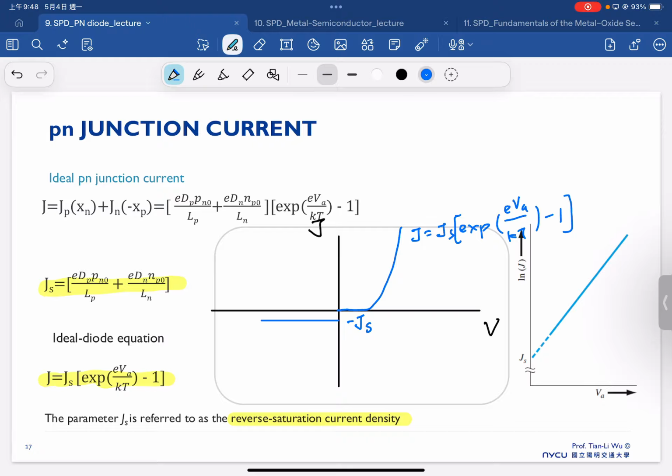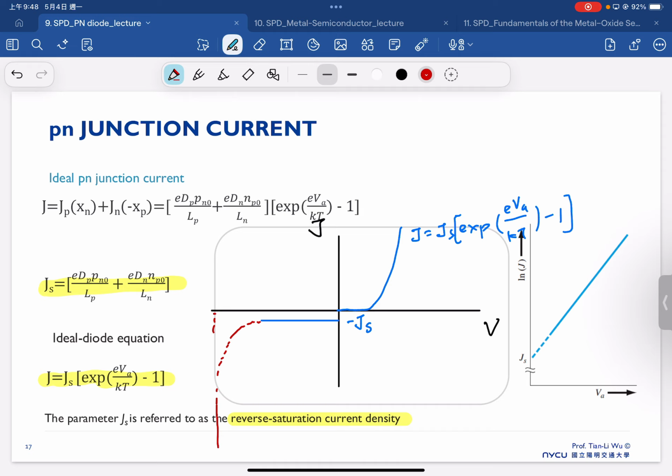Under the reverse bias, we have the reverse saturation current density, Js. And of course, the reverse current cannot continue flat, because once we switch to the very high reverse voltage, we will start to see the breakdown happen.